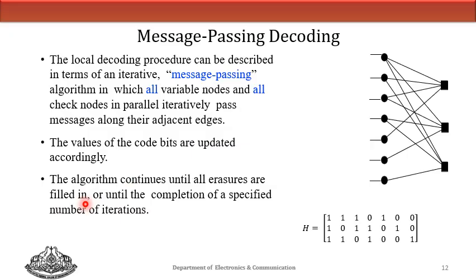There will be some pre-specified number of iterations. So if all the erasures are filled within the number of iterations, we will receive the decoded code word. Otherwise, the decoding will stop, declaring an incorrect code word or decoding failure.